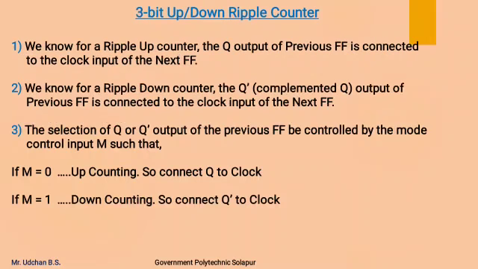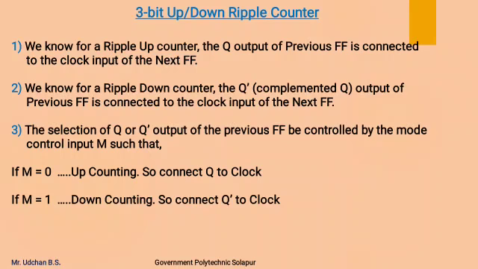We know for a ripple counter, as we discussed earlier, the Q output of the previous flip-flop is connected to the clock input of the next flip-flop, whereas in a down counter, the complemented Q output is connected to the clock input of the next flip-flop.